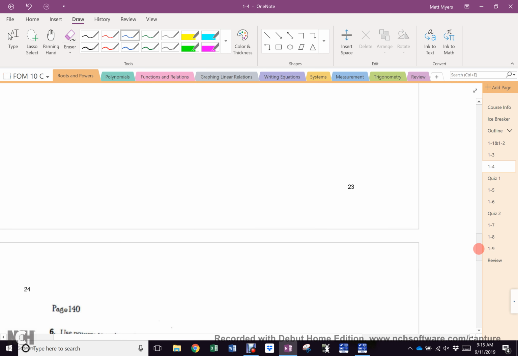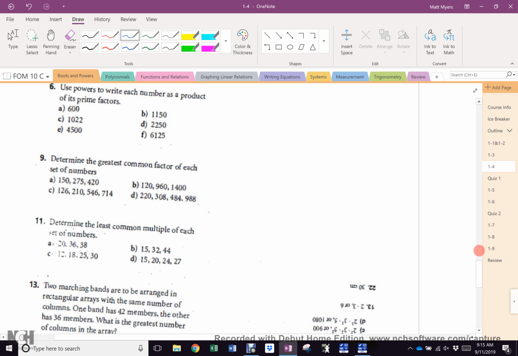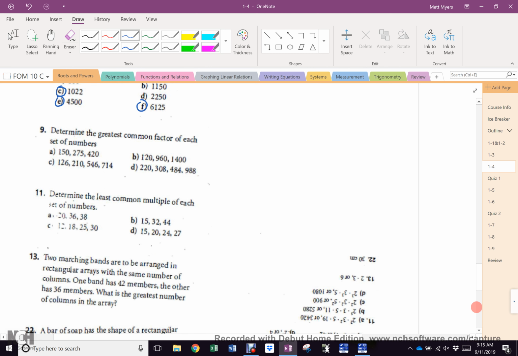And on page 24, I am going to circle what I want you to do. The answers are over here so you can check your work. All right? If you want, right now, go to page 24 and circle what I'm going to get you to do. C, E, and F. A and D in 9.